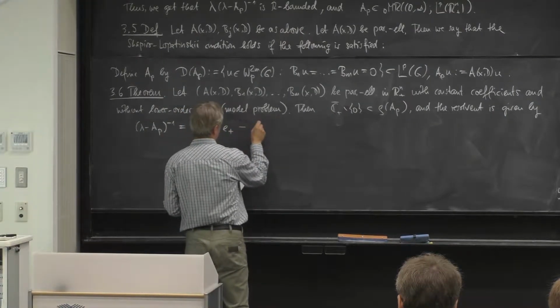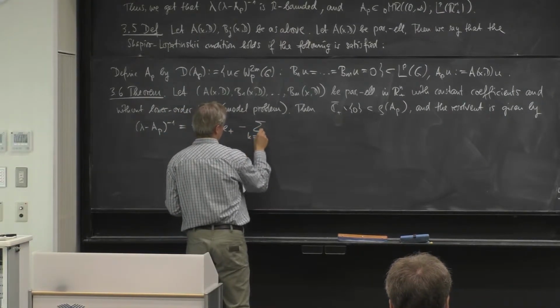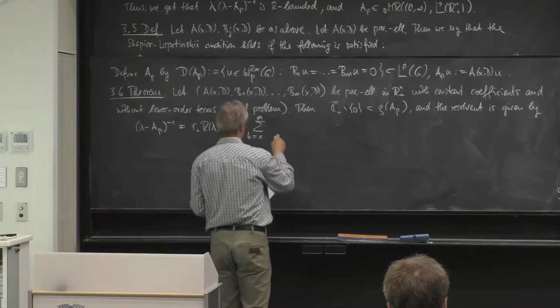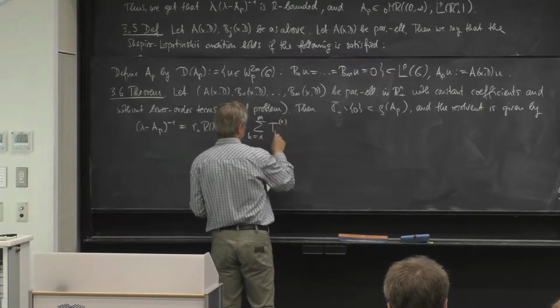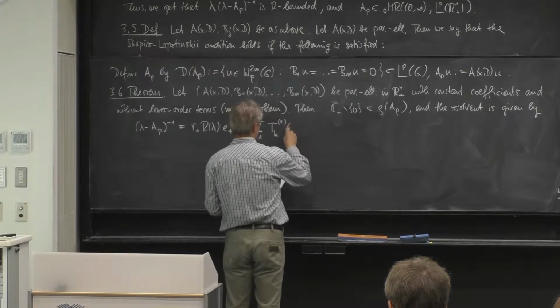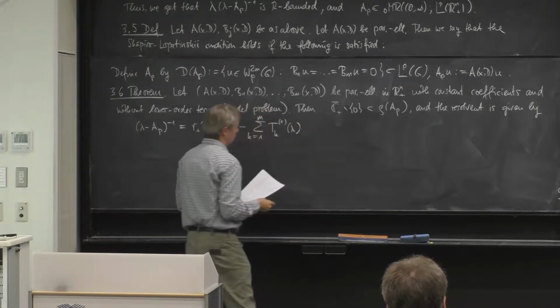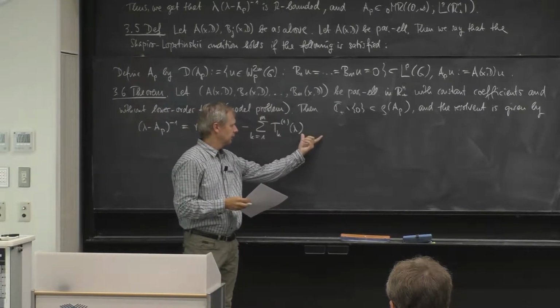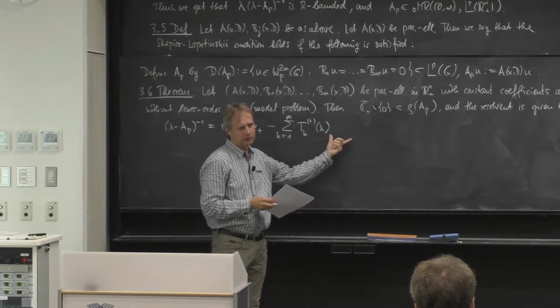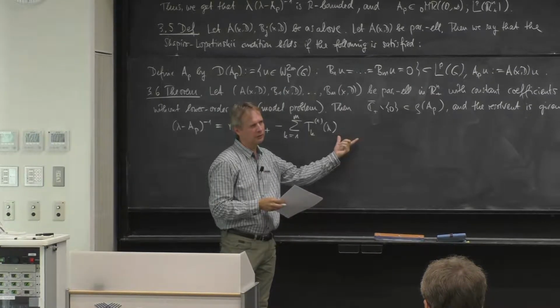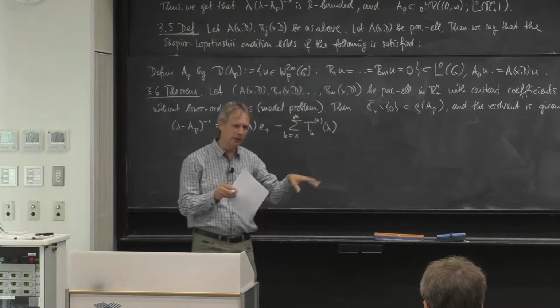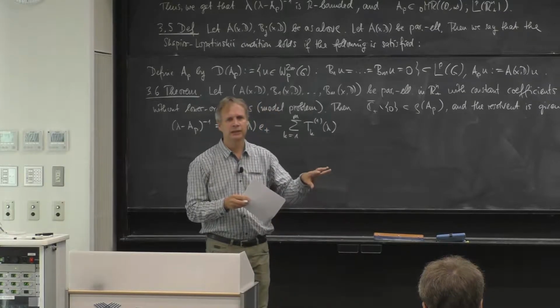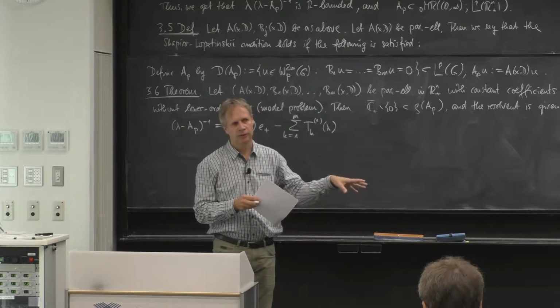And now I have a sum from 1 to m of solution operators T1k of lambda. And now we had here just the resolvent. But why did we have the resolvent? Because we had on the right-hand side of our boundary value problem the value of U1. But this was just directly boundary conditions.